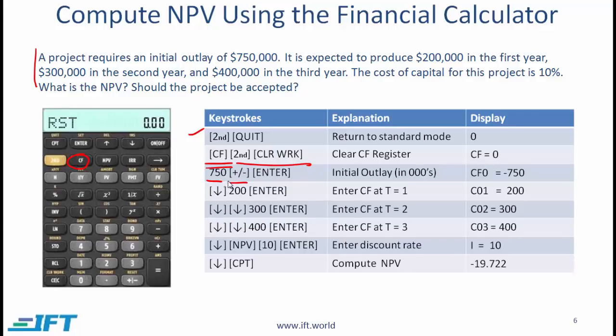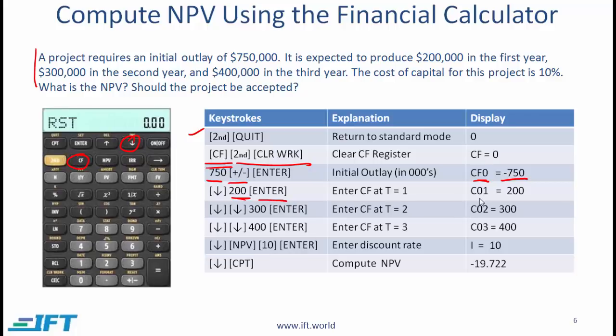This is essentially putting in a value of minus 750 for the first cash flow, which is actually CF0. And we are entering numbers here in thousands. So to save some keystrokes, we are just putting in minus 750. Then you hit the down arrow and enter and put in 200, then enter.